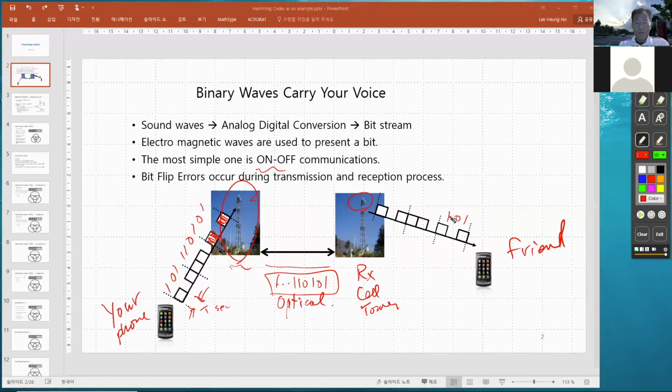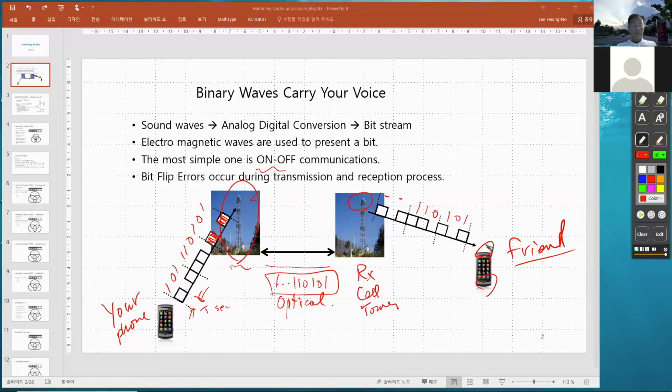So 101, 011, and so on. It regenerates and sends to your friend's cell phone, and at your friend's cell phone, these ones and zeros are used to represent the voice signal. And this voice signal is reproduced via the speaker at the cell phone. So your friend can listen to your voice.